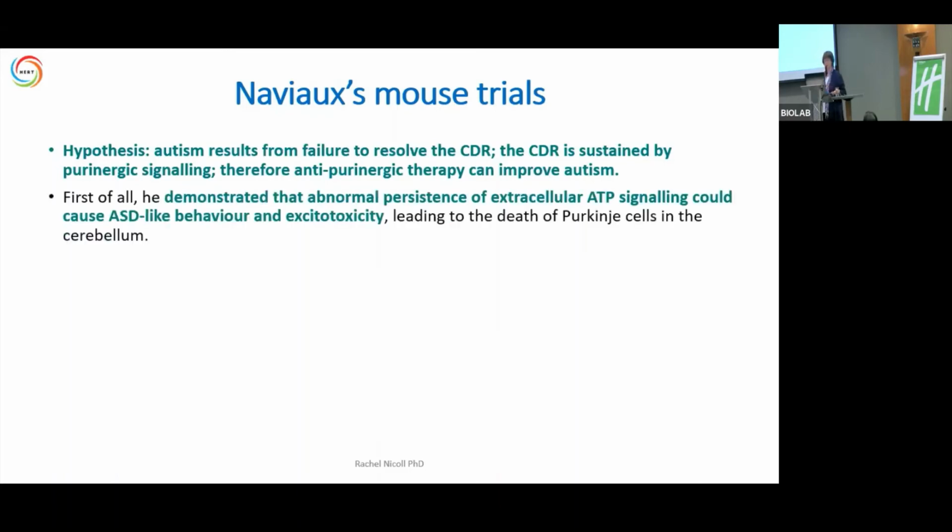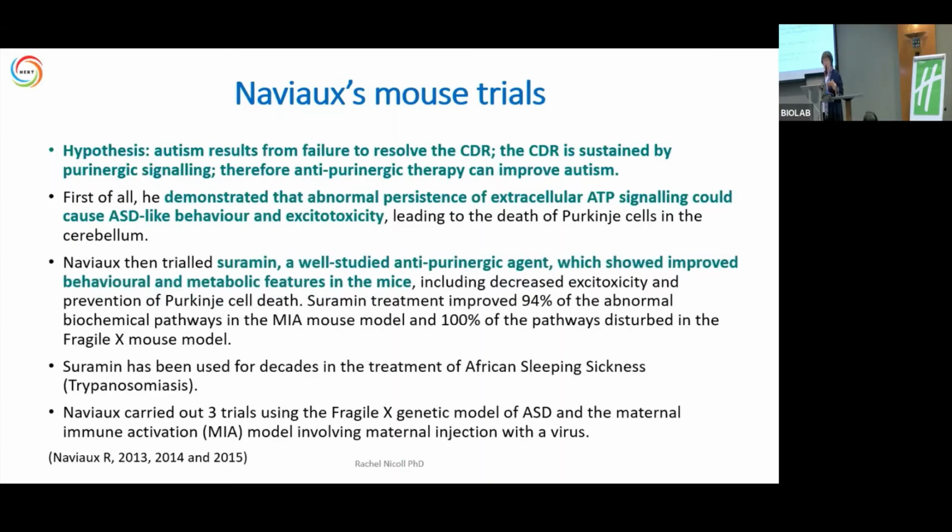He demonstrated the abnormal persistence of extracellular ATP caused ASD-like behavior and excitotoxicity. Great. So then he took an antipurinergic agent, which is suramin, which is an antiparasitic, and it's used for African sleeping sickness. And this demonstrated improved behavioral and metabolic features in the mice. And as I said, he did 3 of these studies, so he got the same sort of results every time.